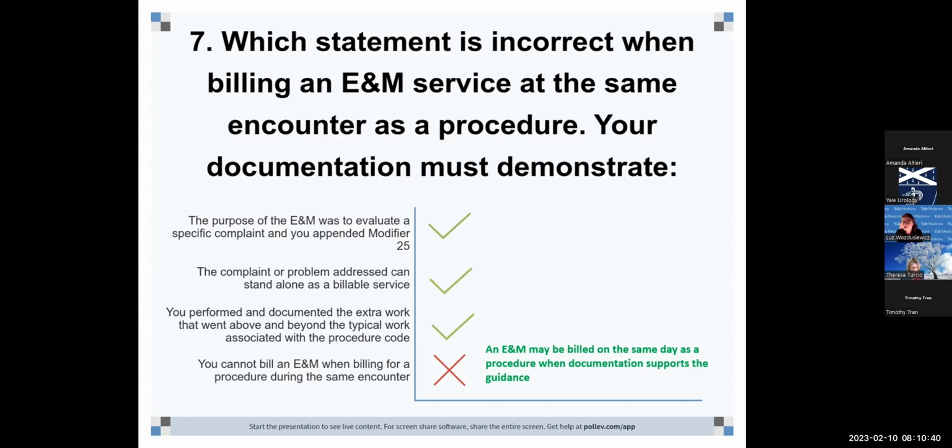Documentation needs to support that there was a significant amount of additional work above and beyond what the physician or APP would normally provide, and that the visit can stand alone. Make sure that modifier 25 is being applied appropriately when there is a significant, separately identifiable problem and it's addressed in your plan. Keep in mind, all procedures include pre, intra, and post-op work.